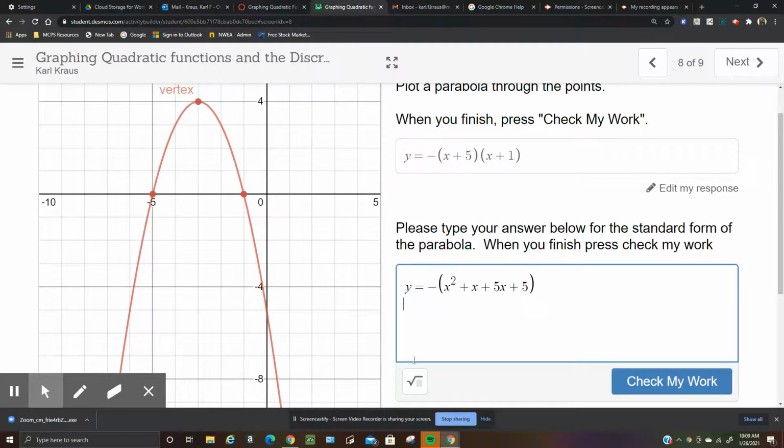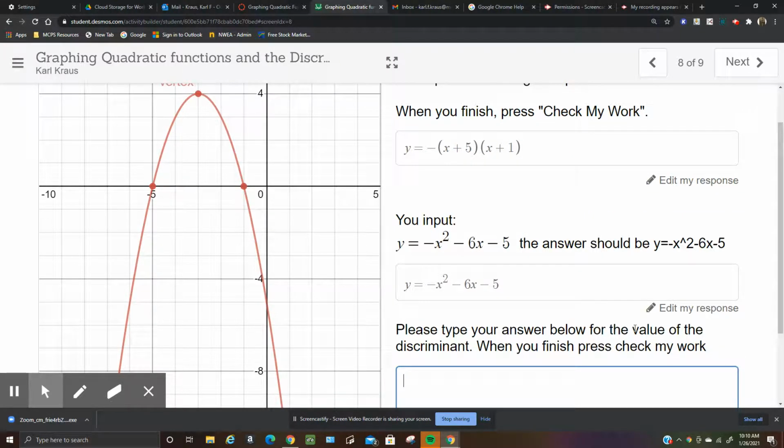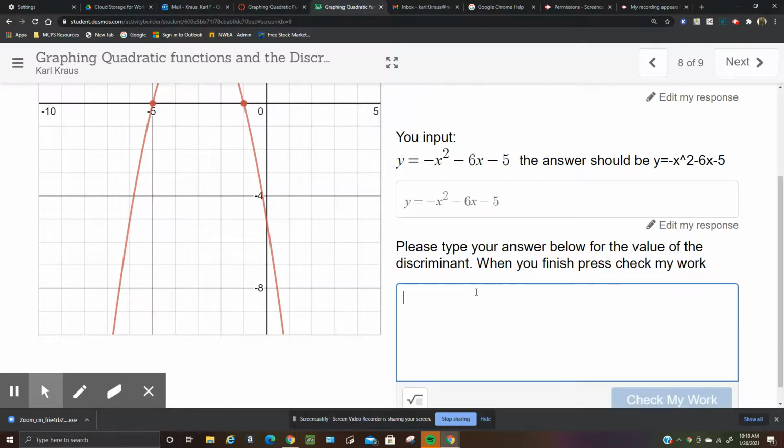Combine like terms. So negative x squared minus 6x minus 5. And that matches the answer that's there.